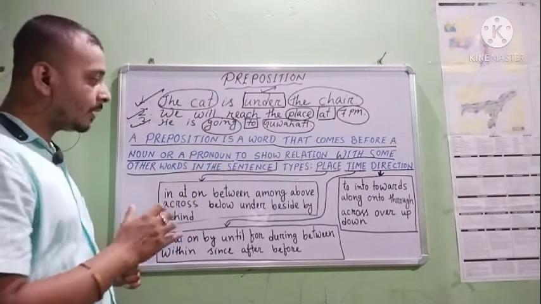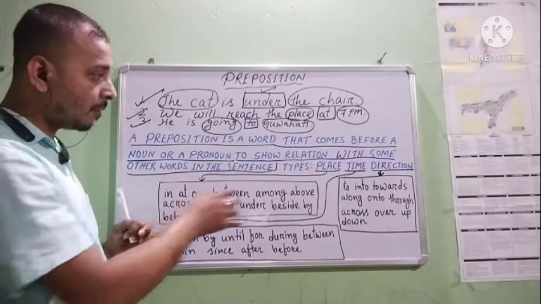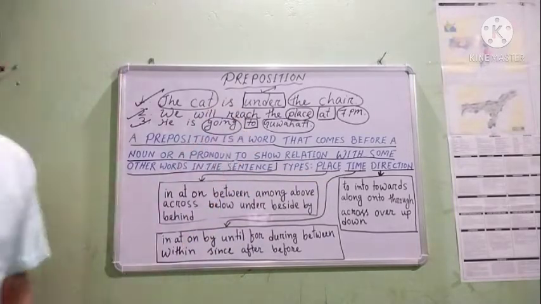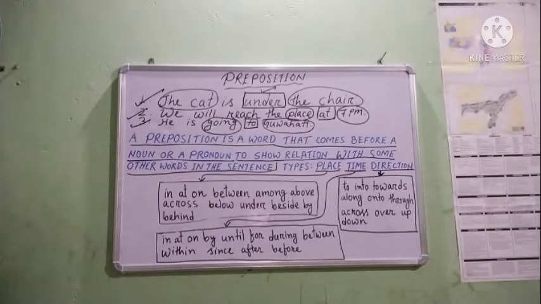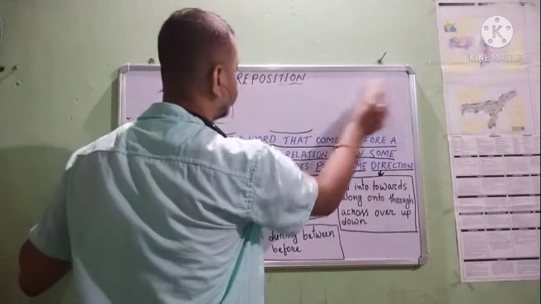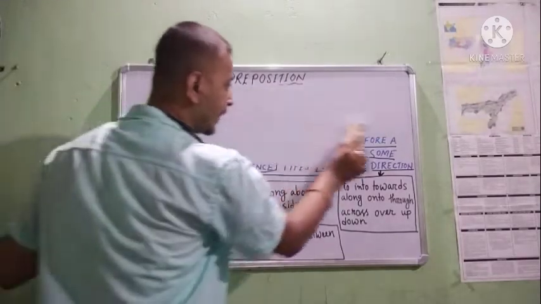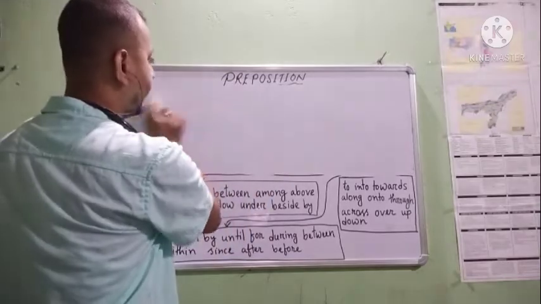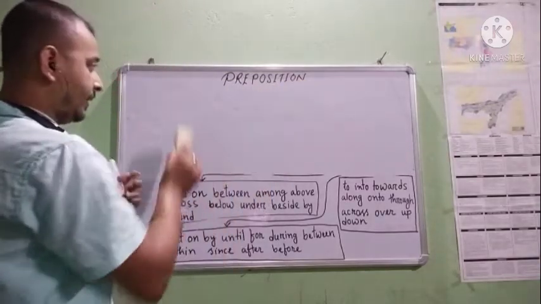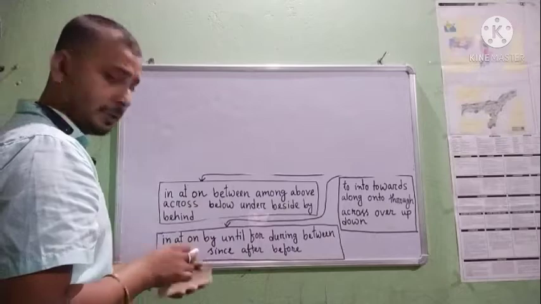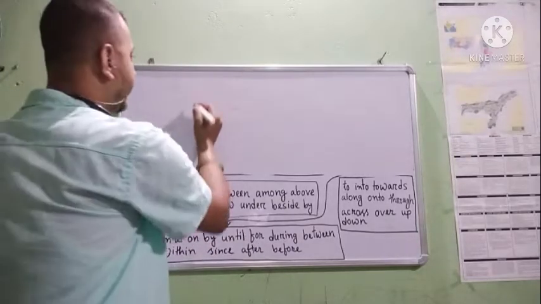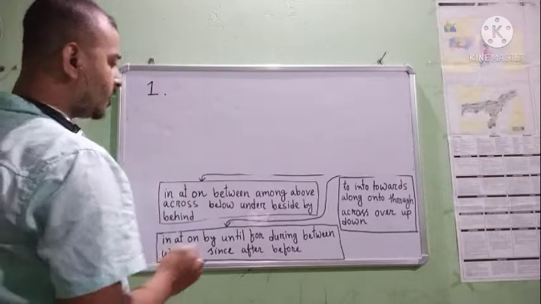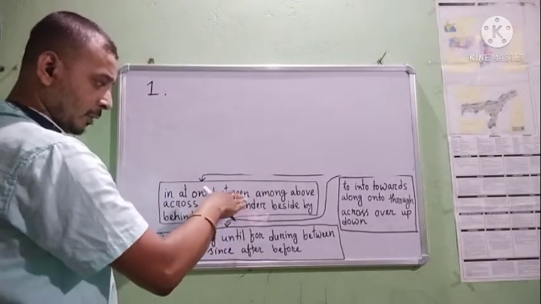Now we will know with some examples of all these three kinds. Let me write the examples first. First, I will take two example sentences from prepositions of place. You see here, these are prepositions of place.